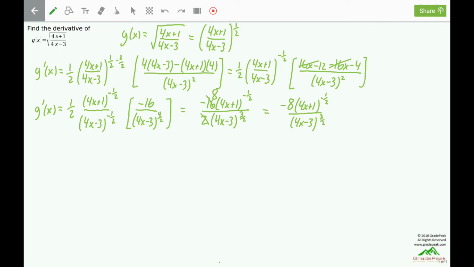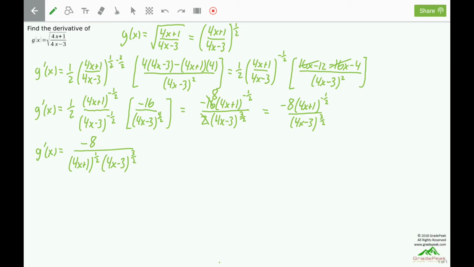The next step, I'm going to take that negative 1/2 power and move it to the denominator. So my g prime of x will be a negative 8 divided by, I have a 4x plus 1 to the 1/2 and a 4x minus 3 to the 3/2 power.